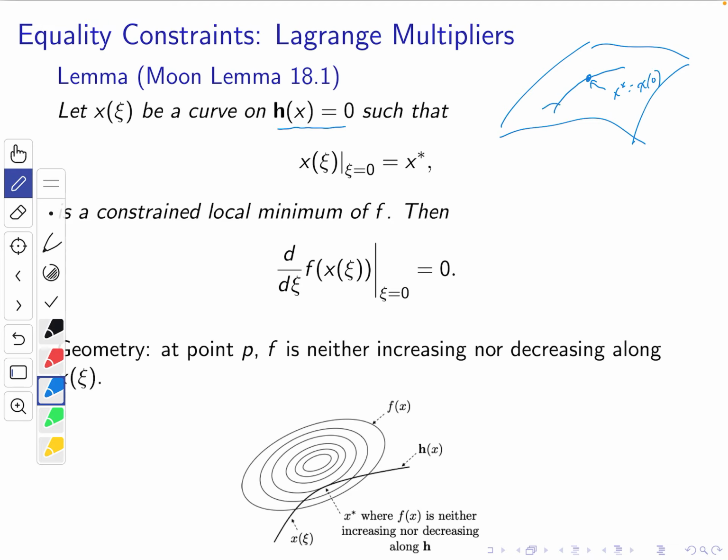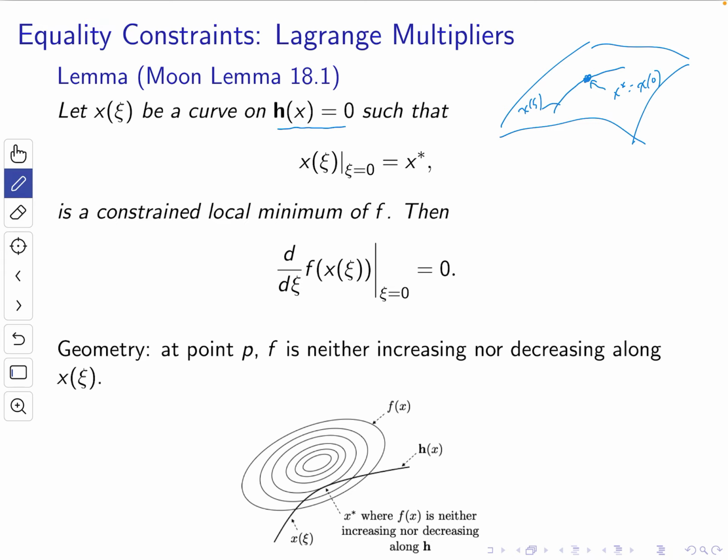We have this curve x of c, and we just shift c so that right at x star is where the zero point is. Okay, and suppose that this is our local minimum.